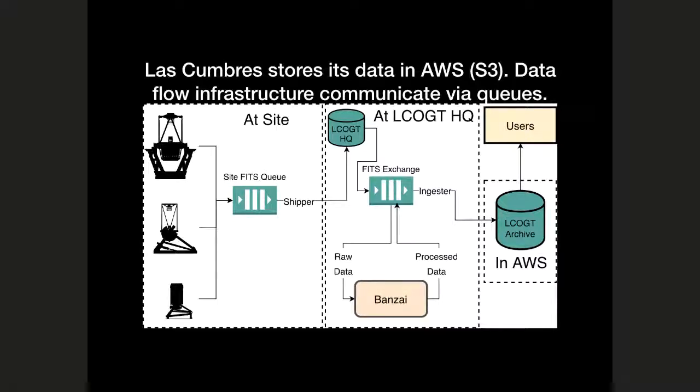So for example, we have a second one which will then push it up into S3. But Bonzai, which is our pipeline, and on the first slide, the Bonzai Pipeline is what you see, that's what it's named after, it tells the pipeline, oh, there's new data, it's time to go reduce data. And so everything is triggered automatically.